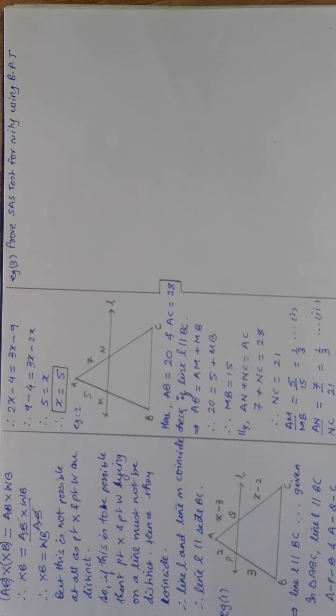Okay. You have to prove SAS, that is side angle side test for similarity. But how? Using basic proportionality theorem. Okay. Think on it for a moment.